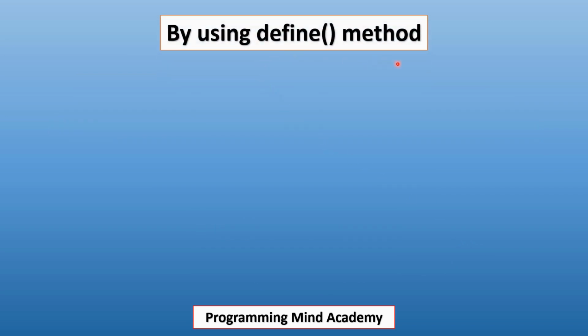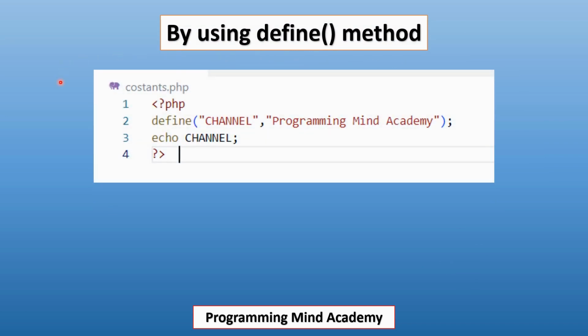By using the define method. So this is one program we have written in the constants.php file, and we have started with the basic script, question mark PHP, and we are using the define method here.